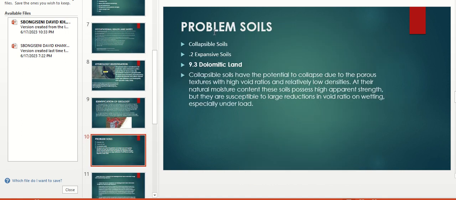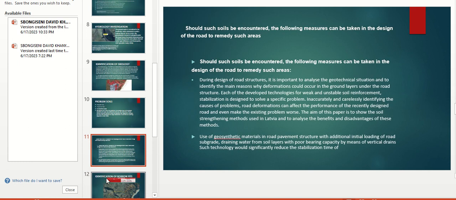Now we're going to look at the problem soils that we experience, which is these four types of soil that I've mentioned below. And also, should such soil be encountered, the following measures can be taken into the design of the road.